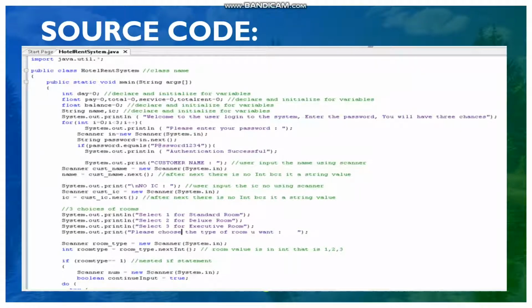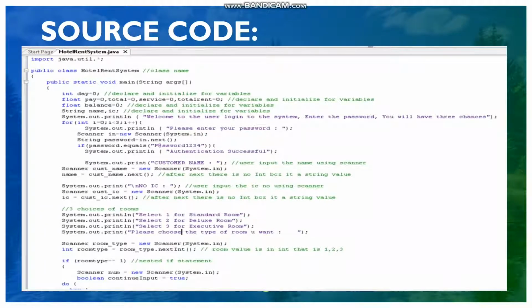After next there is no int because it is a string value. Then System.out.print number IC is the user input. IC is also using Scanner, and IC equals customerIC.next. After next there is no int because it is also a string value.